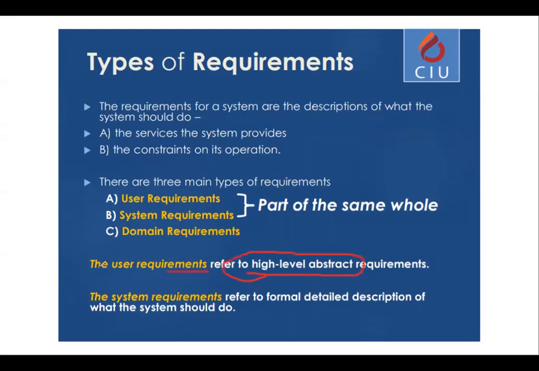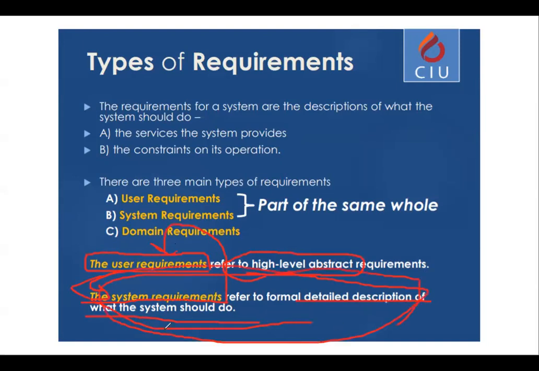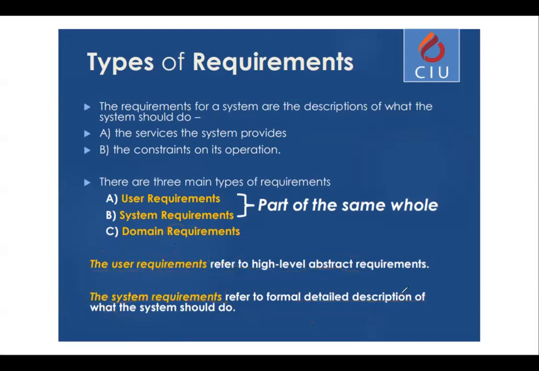As a matter of fact, every single requirement is essentially broken down into system requirements. So system requirements actually come from user requirements. And the system requirements are detailed descriptions of what the system should do. So the user requirements are broken down into detailed system requirements, which can be useful to the developers themselves.